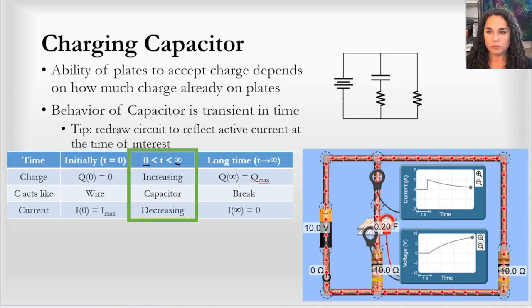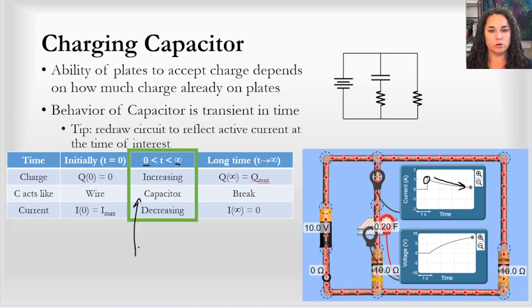And it's transient. We had a maximum current, but now that the capacitor is starting to accept charge and there's some charge on it, it's going to offer some impedance and not accept charge as easily. You can see that the current is going to decrease over time as that capacitor fills up.